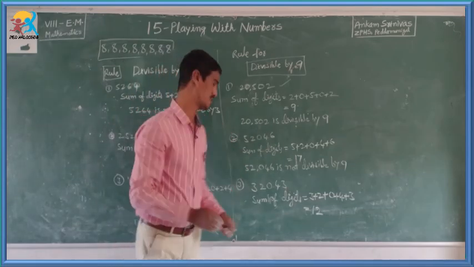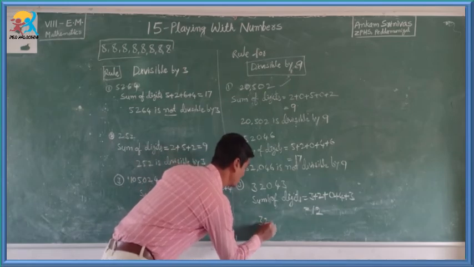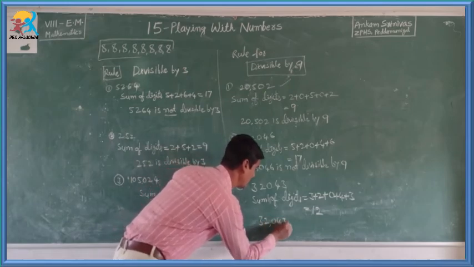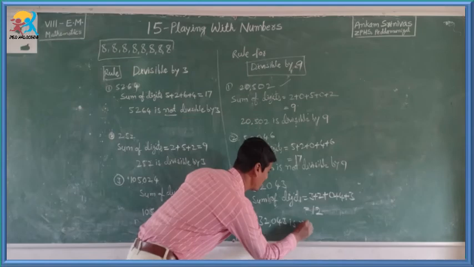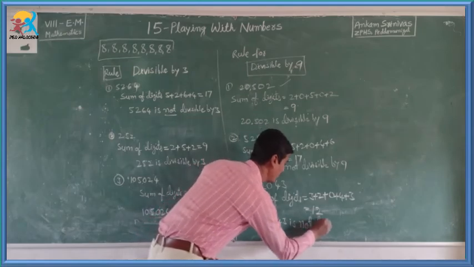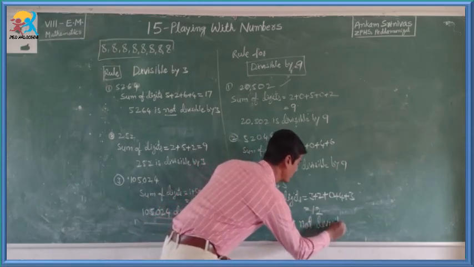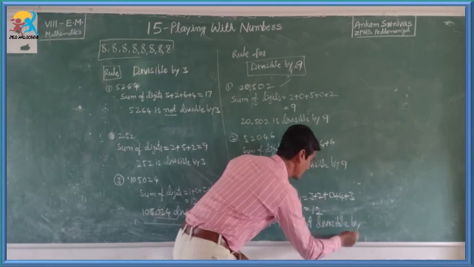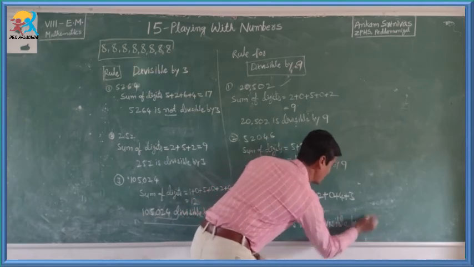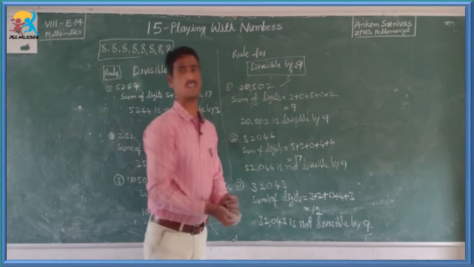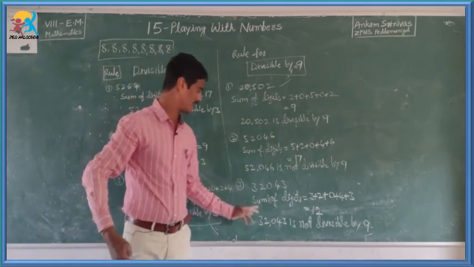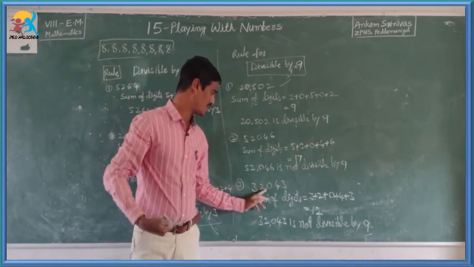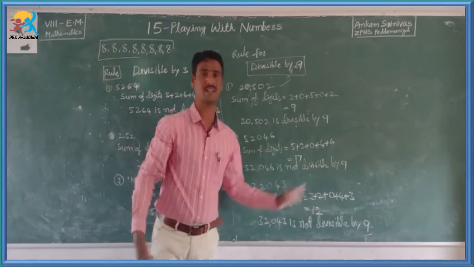So 32,043 is not divisible by 9. So here clearly the given 32,043 is not divisible by 9.